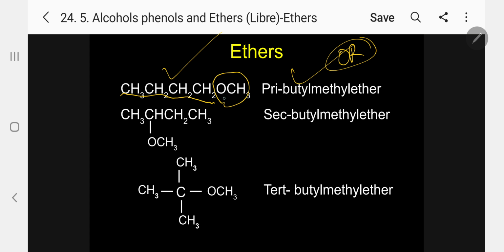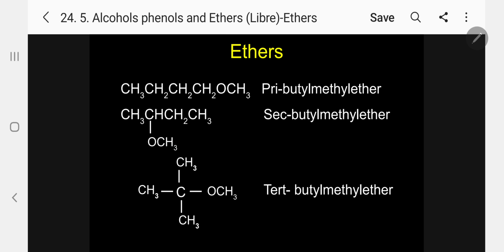If the functional group is attached to a carbon which is attached to only one carbon, primary. 2 carbons, it is secondary. 3 carbons attached to the carbon, tertiary. This we have discussed in all the cases. So the first example is primary butyl methyl ether, secondary butyl methyl ether, tertiary butyl methyl ether. This is based on the position of the functional group. We can give the common name.